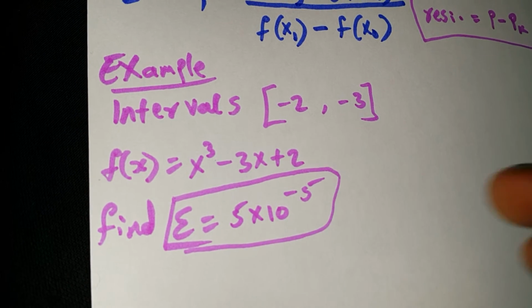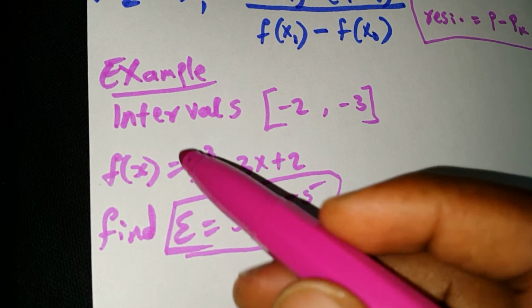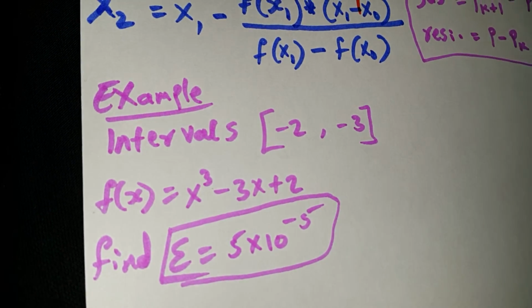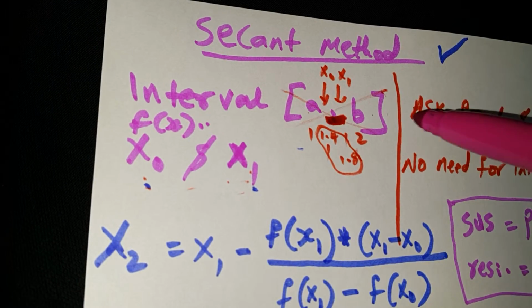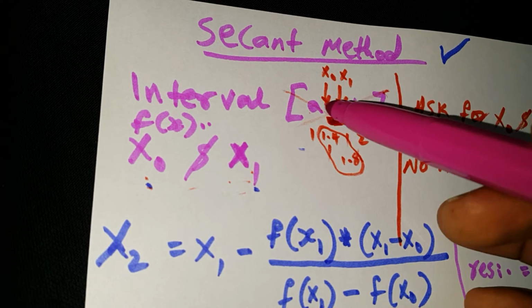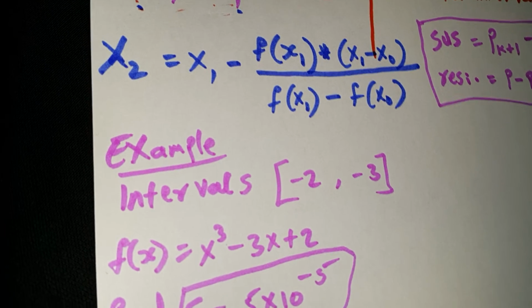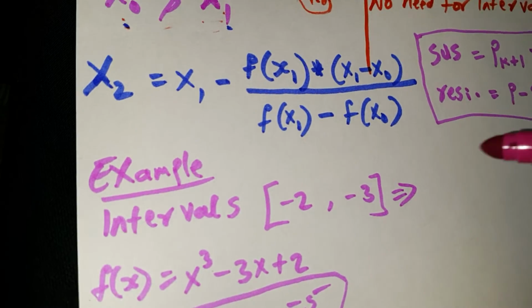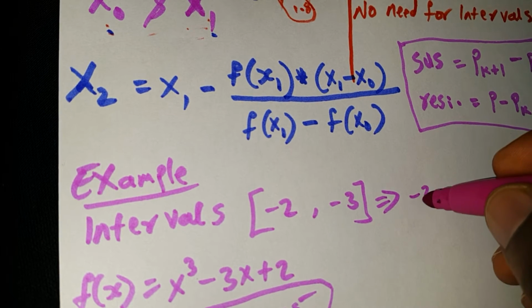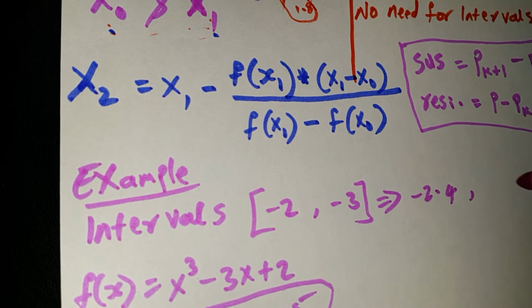So let's solve this. Now we are given our intervals. We are not given what x0 and x1 are. From the introduction, I told you that if you are given the intervals, you have to find x0 and x1 in between these two. So you have to choose yourself. I choose -2.4 and -2.6.